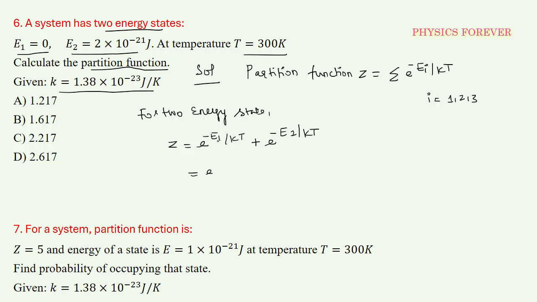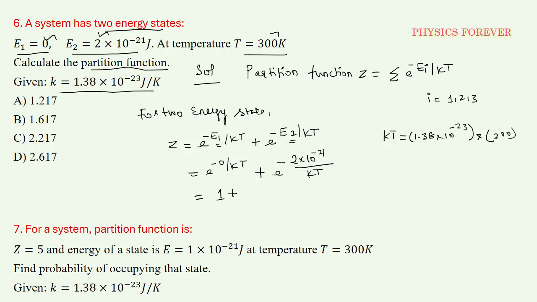Here E1 is given as 0, so e power minus 0 by kT, plus e power minus E2, given as 2 into 10 power minus 21, divided by kT. e power 0 gives 1. Now we calculate kT: k is the Boltzmann constant, 1.38 into 10 power minus 23, into temperature 300. Multiplying, we get the kT value.